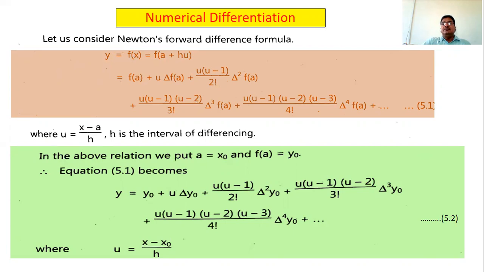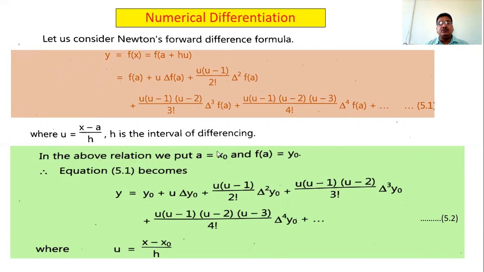We already learned its proof in the chapter on interpolation. This is Newton's forward interpolation formula, and we have to prove the formula for numerical differentiation. So what is the next step? We write this formula in another notation.